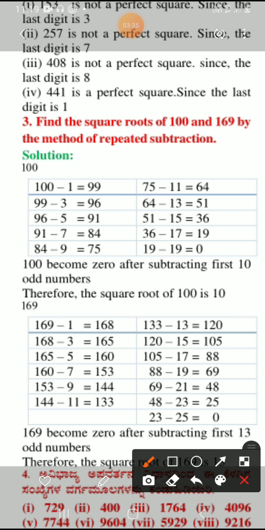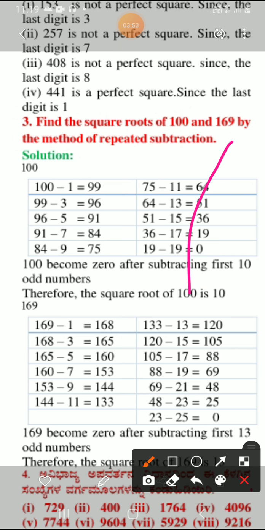Therefore, the square root of 100 is 10. In this way you can do this. I hope you understood this.